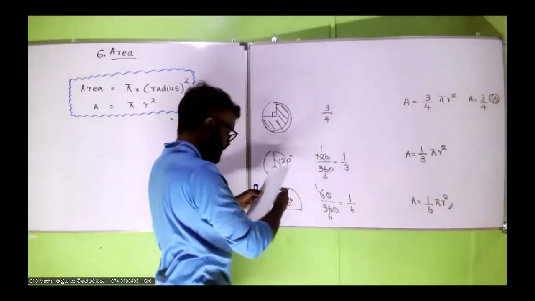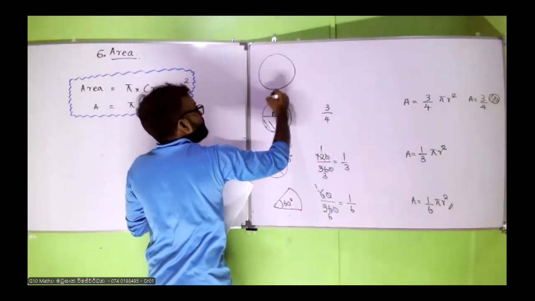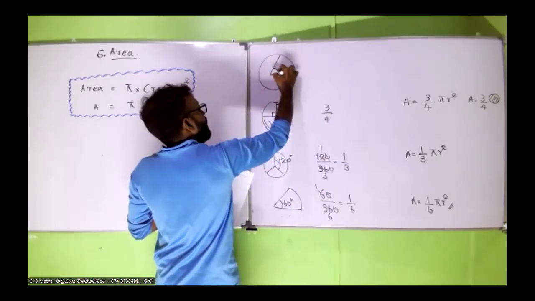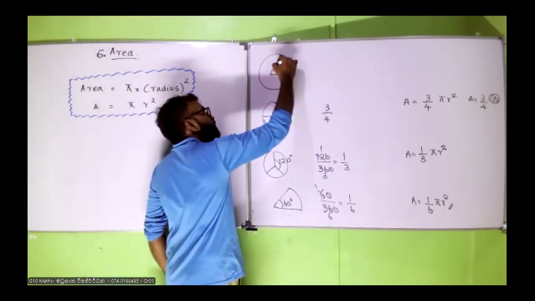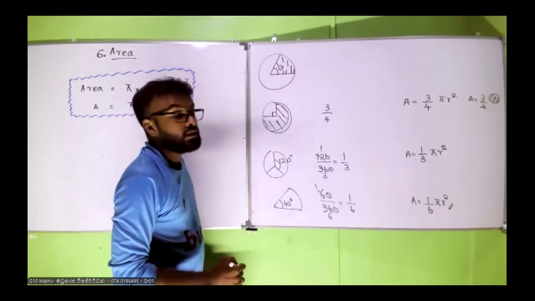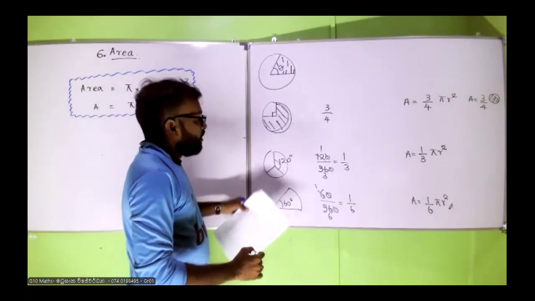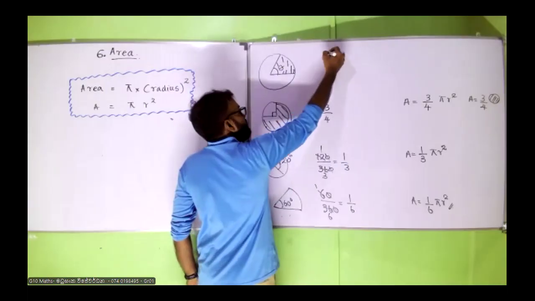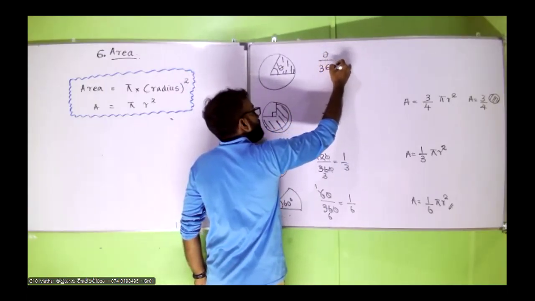Right. Now we have something like this. We have a full circle. The angle at the center is theta, and this is the shaded part, the shaded portion. So how to calculate the portion of the circle? The angle at the center is theta, and the full angle is 360 degrees.